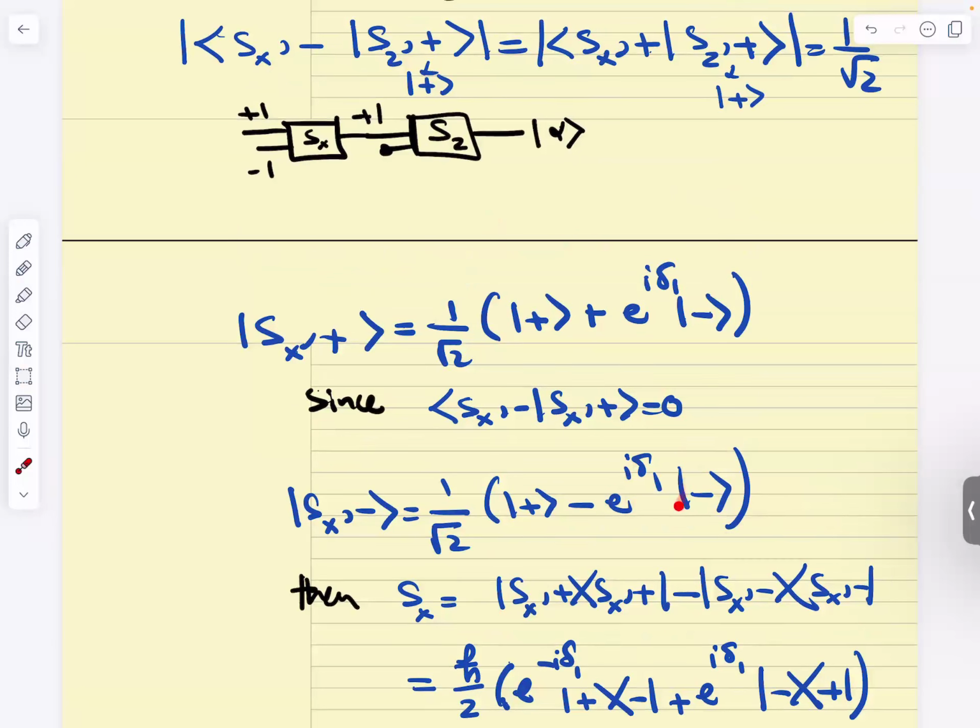There could be another phase here. However, the requirement that these two are orthonormal, that the bracket of them is 0, tells you that this coefficient has to be minus e to the power of i delta 1. So there's some little calculation you could do to check this. Is it clear so far?